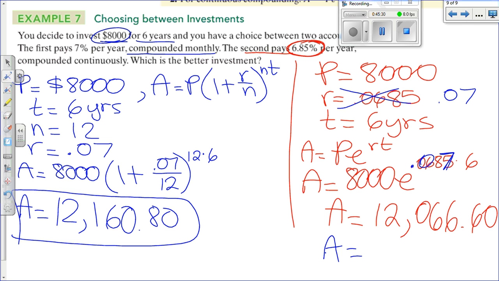Say that again? 12,175 and 70 cents. Okay, so if we were to compare continuous compounding with compounding monthly at the same rate, then we will go for continuous compounding, right? All right, so this is the end of the video for section 3.1, part 2.